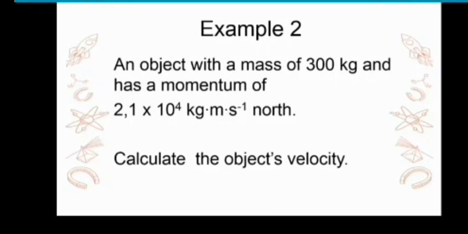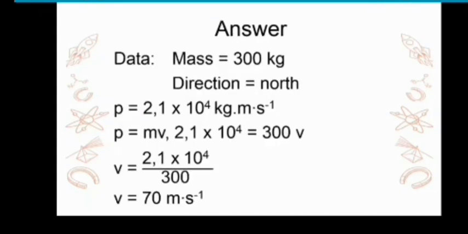Right. Second example: an object with mass 300 kilograms has a momentum of 2.1 times 10 to the 4 kilogram meters per second north. We are asked now to calculate the object's velocity. Let's look at it quickly. We extract the data. Our mass is 300 kilograms. The direction is north.